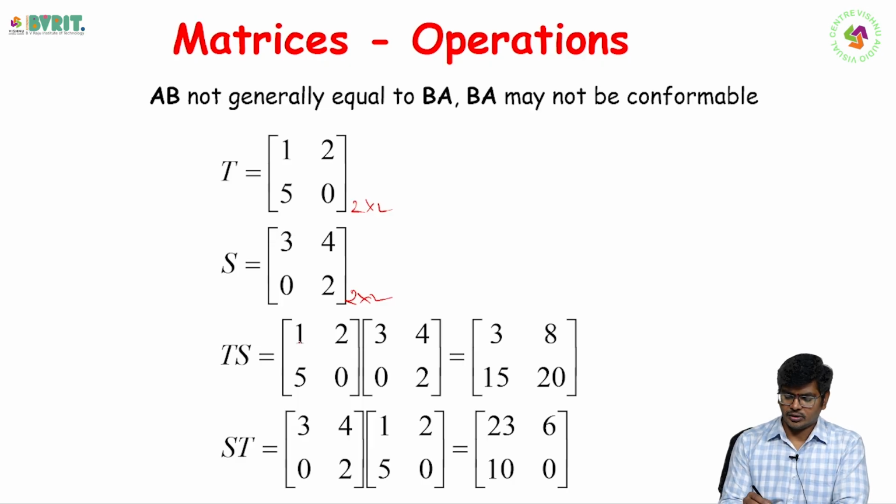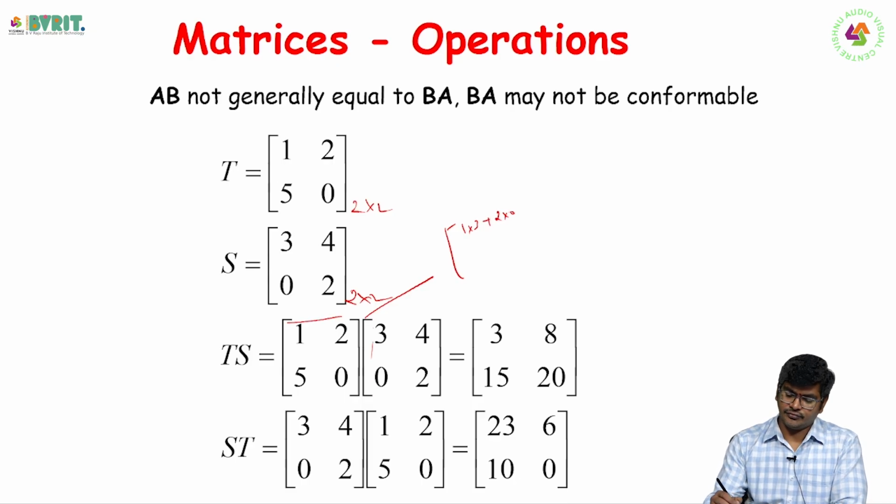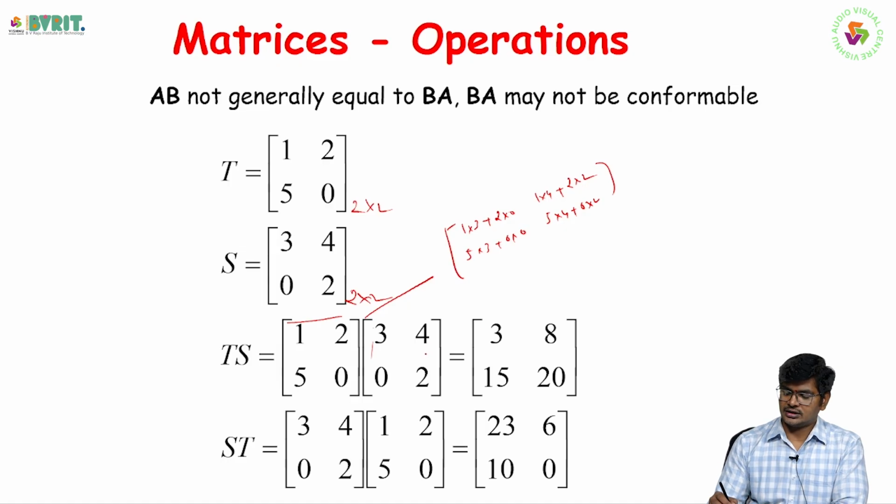That is how to explain this: 1 into 3 plus 2 into 0, first row, first column. Again, first row, second column: 1 into 4 plus 2 into 2. Next, 5 into 3 plus 0 into 0. Next, 5 into 4 plus 0 into 2. 3 1s are 3, 4 1s are 4, 2 2s are 4, so we get 8.